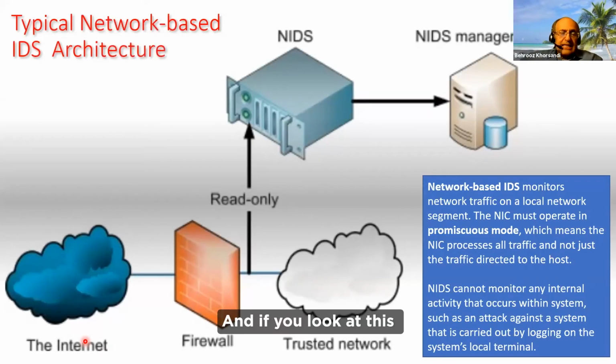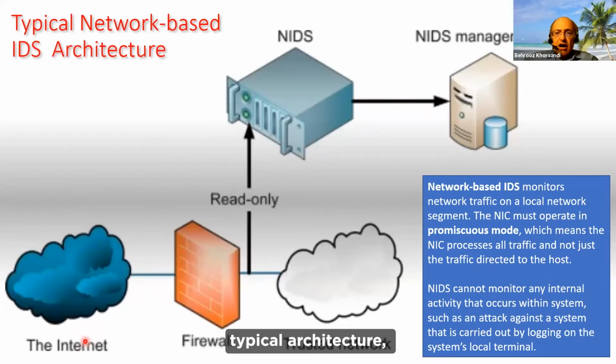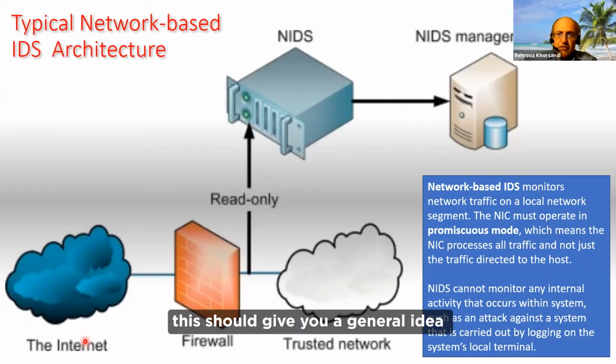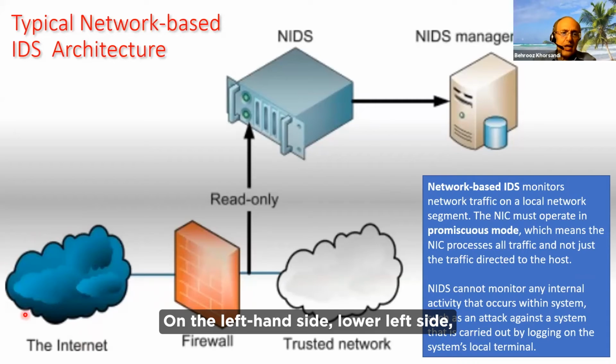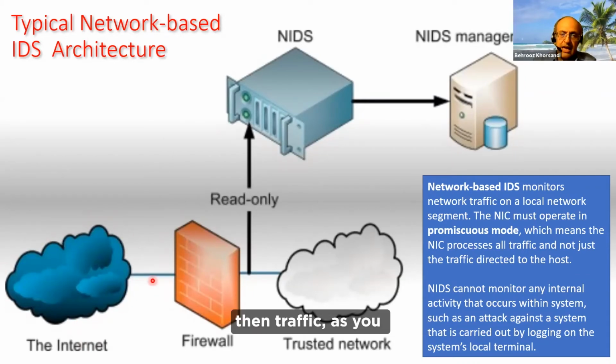And if you look at this typical architecture, this should give you a general idea of what we're talking about. On the left-hand side, lower left side, we have the big bad internet. Then traffic, as you know, goes through a firewall. And by the way, there could be multiple firewalls here. We have simplified it to just show you a two-legged firewall.